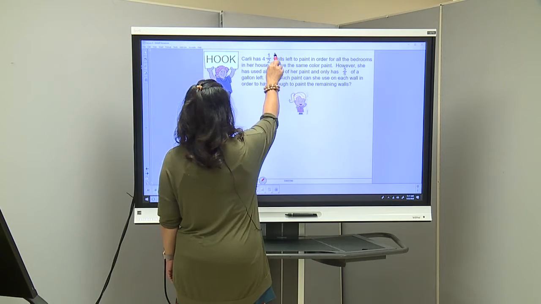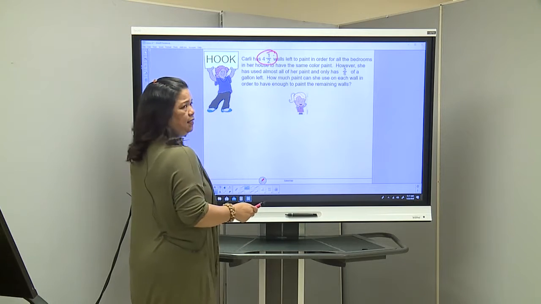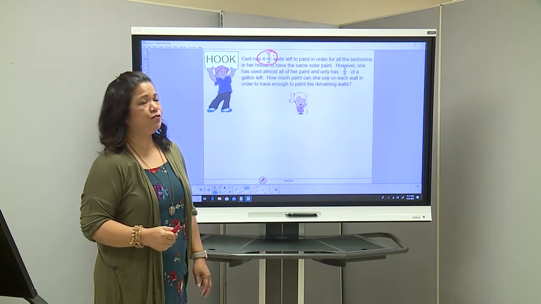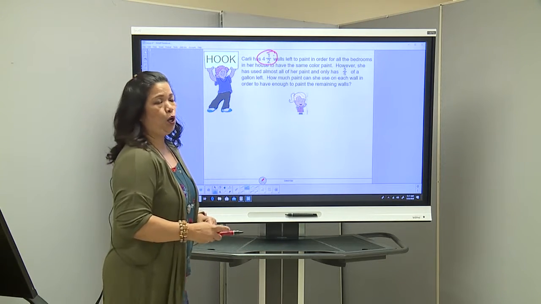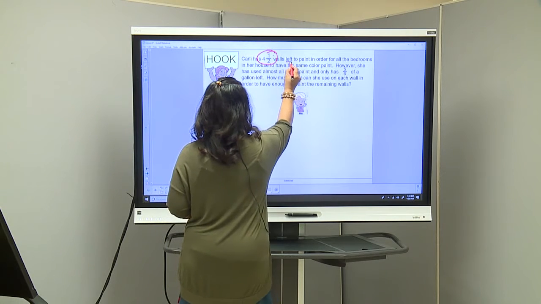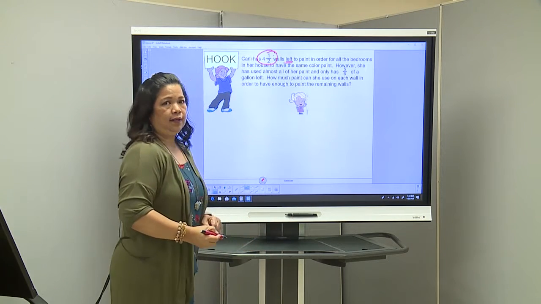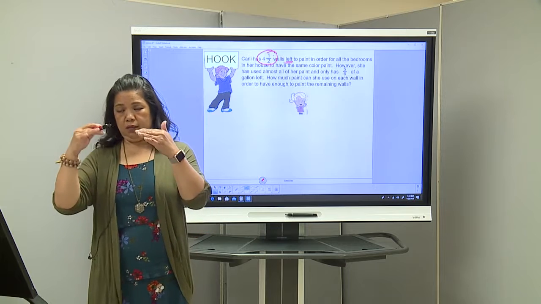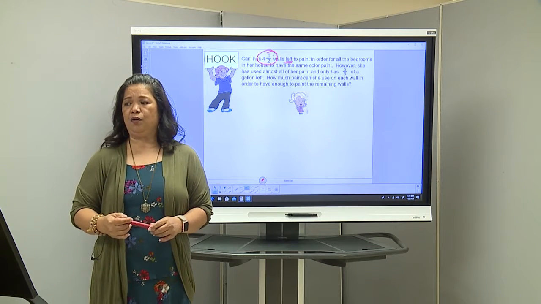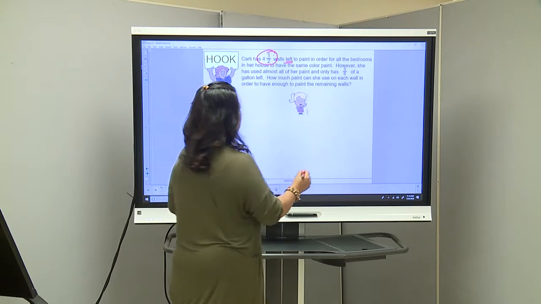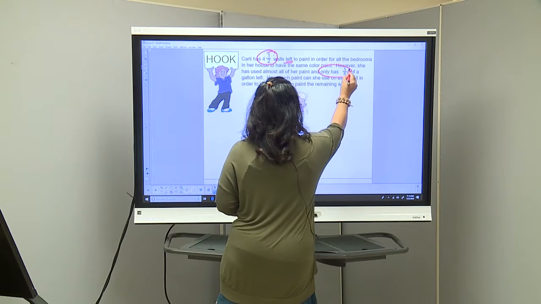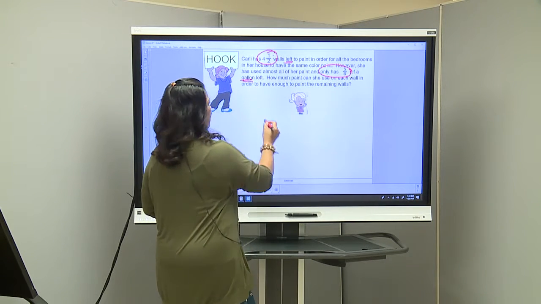So in other words, she already started painting, but she still has to paint 4.5 walls.